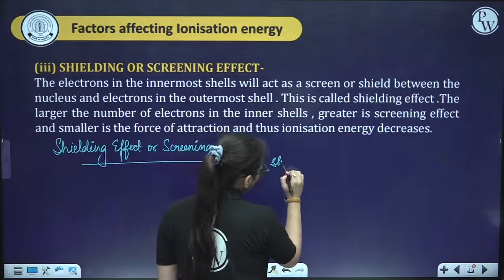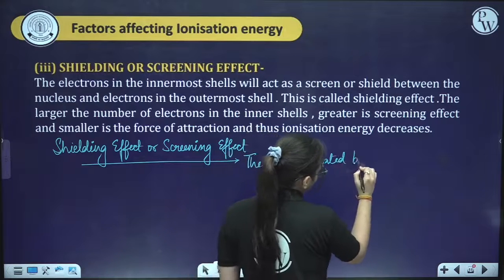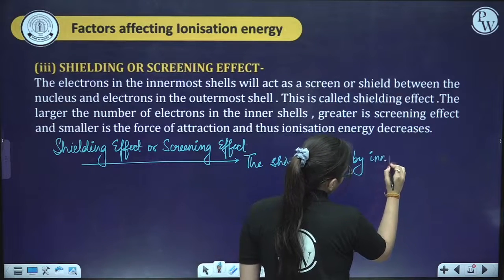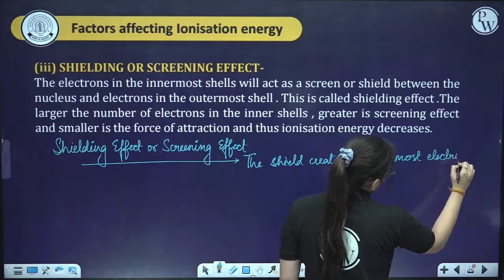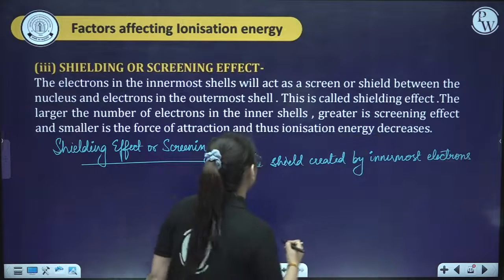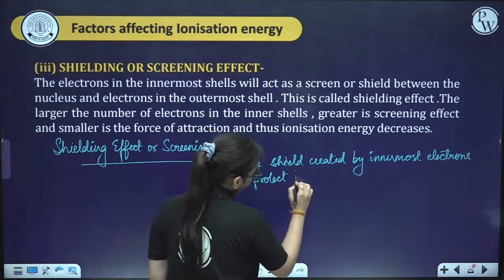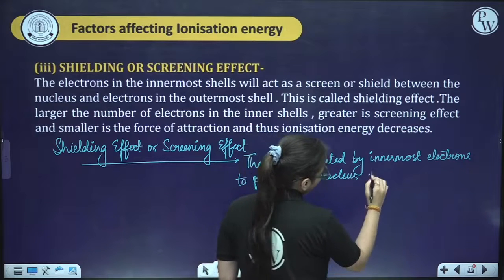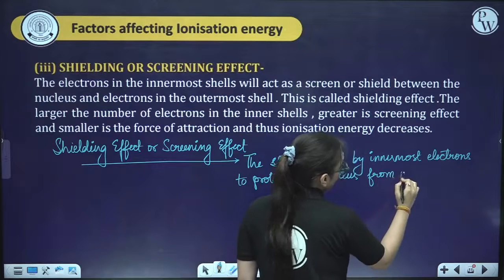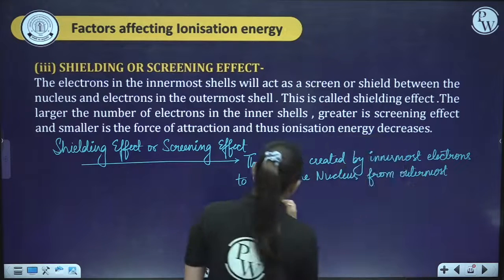The shield created by innermost electrons to protect the nucleus from outermost shell electrons.